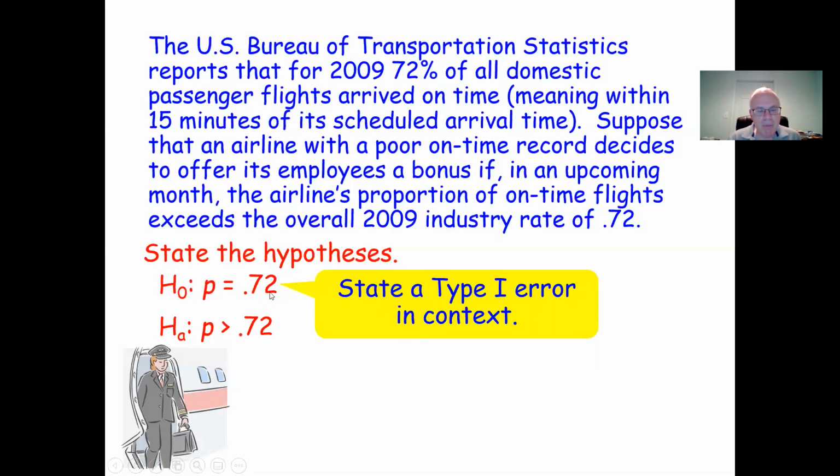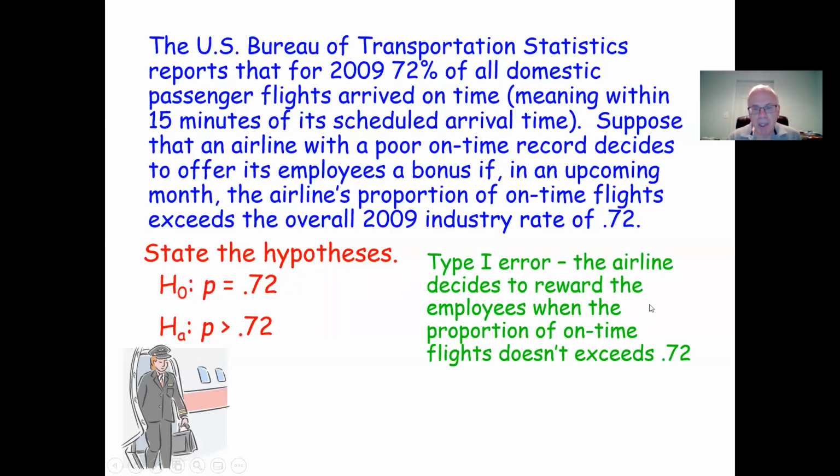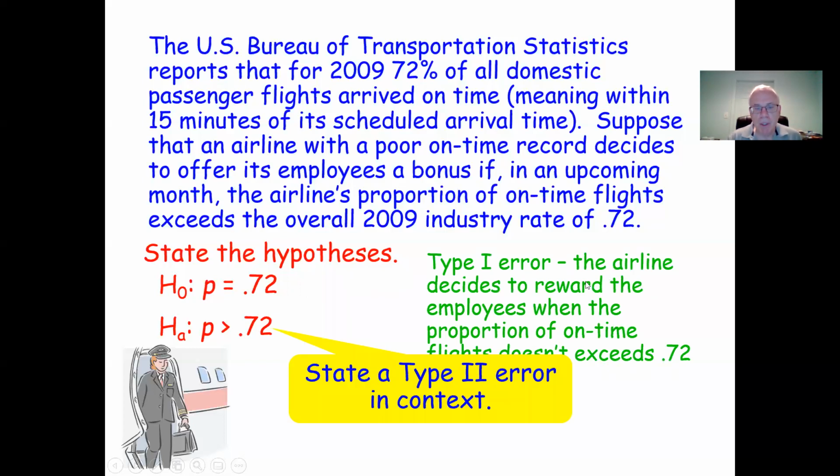They did 0.72 or even less than that. So a type 1 error in this case, they got their bonus when they didn't deserve the bonus. So the airline decides to reward the employees when the proportion of on-time flights doesn't exceed 0.72 in reality. All right. So they're getting rewarded when they didn't deserve to be rewarded.